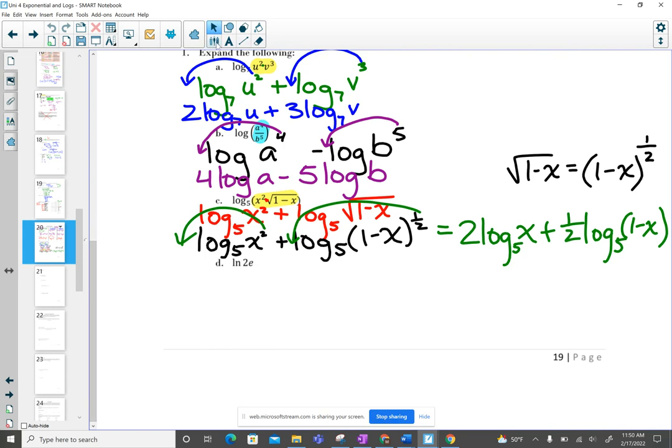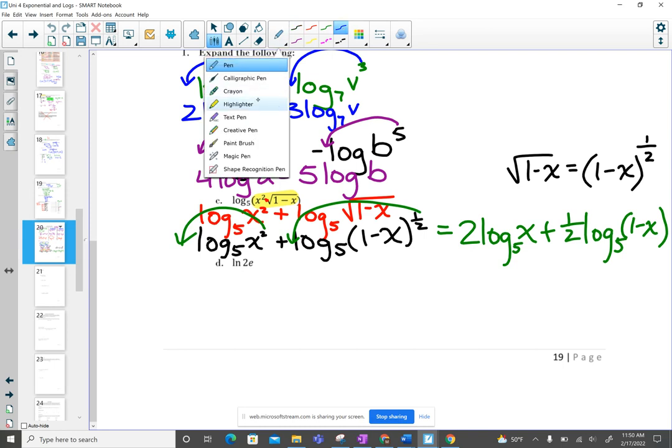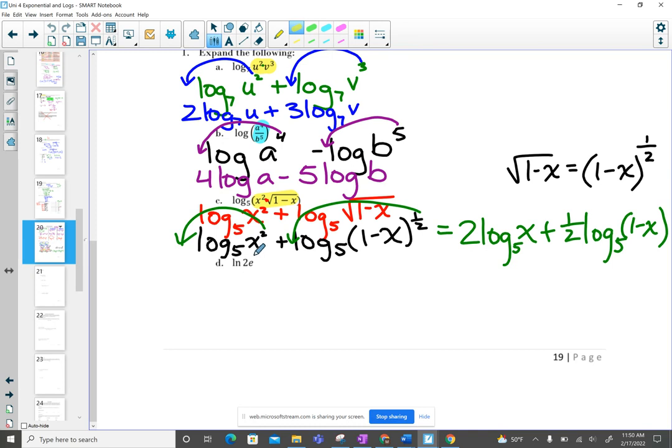So let's look at letter D right here. After this is ln, but it's still a log. So we're looking within the log, or after the log, at what operation we have going on. The operation between 2 and e is multiplication.